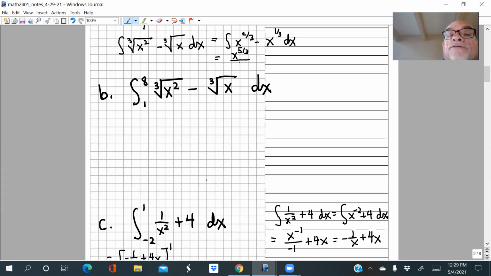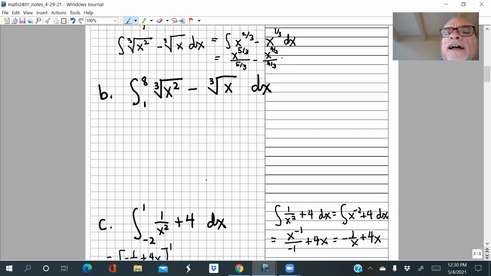So you have x to the 5/3 over 5/3 minus x to the 1/3 plus 1, which is 4/3, over 4/3. And now, normally, of course, when you're finding an antiderivative, you would put a constant here, but in this application, you don't need the constant. So you can just leave that off.